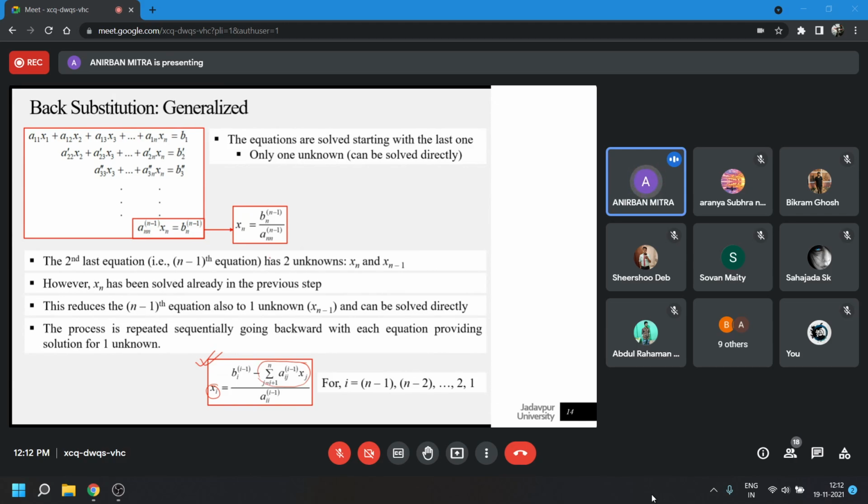So the for loop here, to implement this expression, will be n minus 1 to 1 in steps of minus 1. You are going backward.